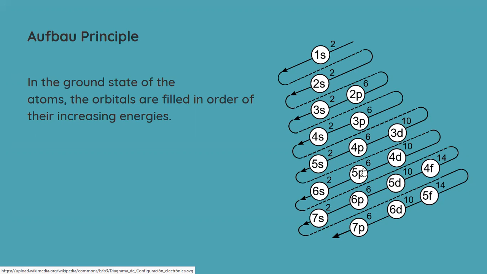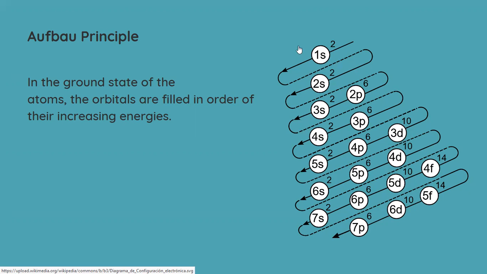Again, we won't go to 5p, we will go to 4d, 5p, 6s, and then 6s does not go to 6p. Here you have the 4f orbital coming in. So 6s, 4f, 5d, 6p, 7s, 5f, 6d, and 7p, and so on.